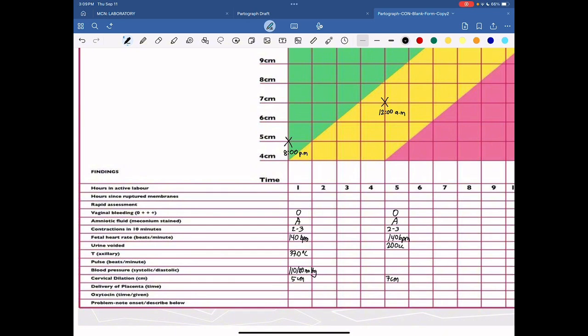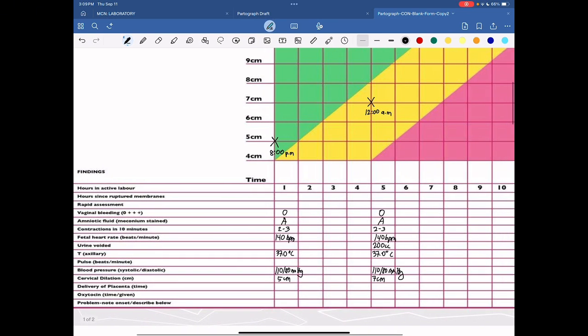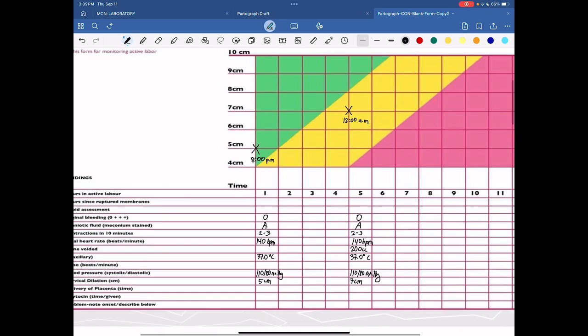The temperature is the same also, at 37 degrees Celsius. The pulse was again not recorded because there were no data. Same with the blood pressure. And that is our assessment at 12 a.m.